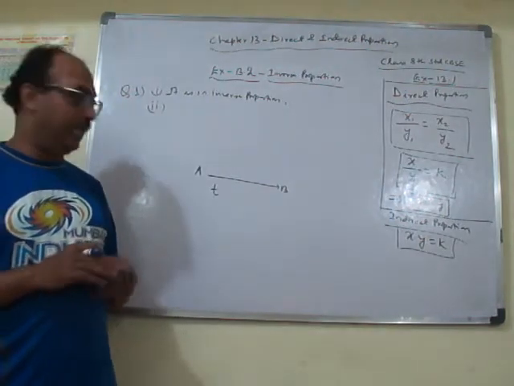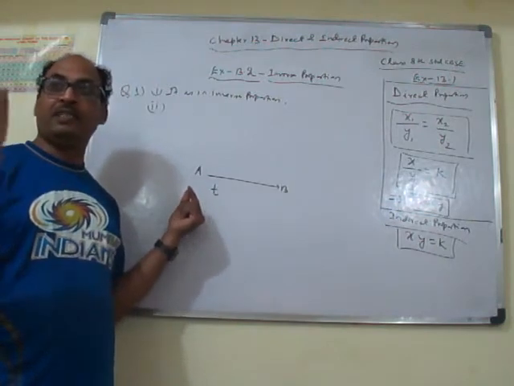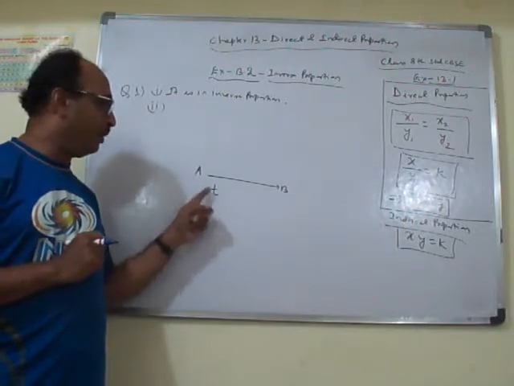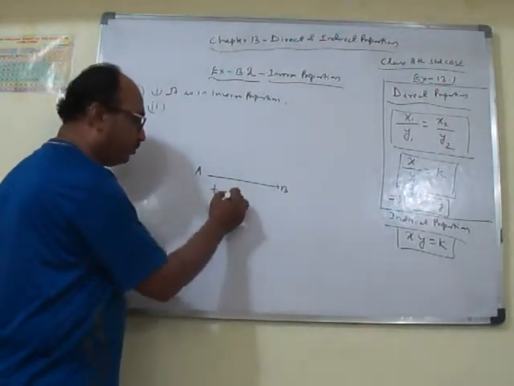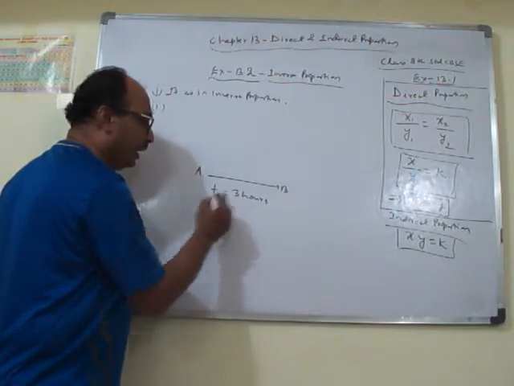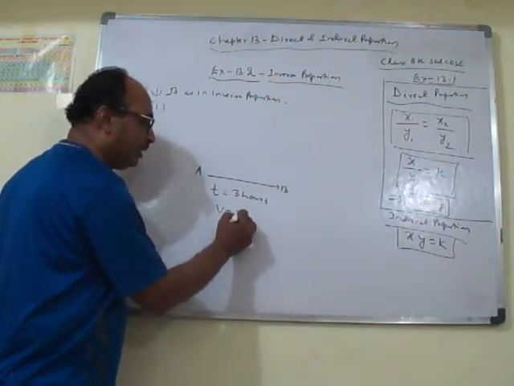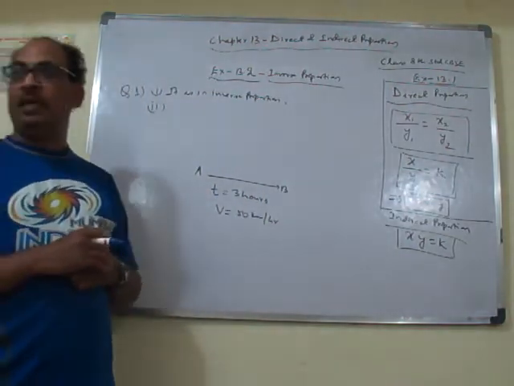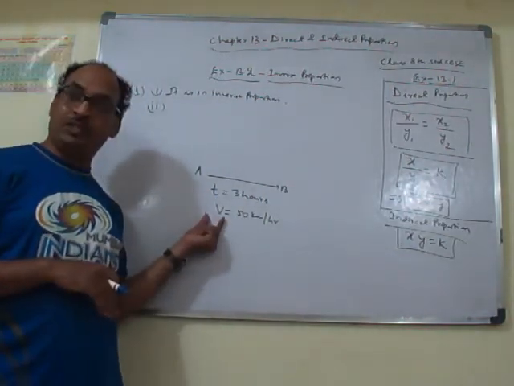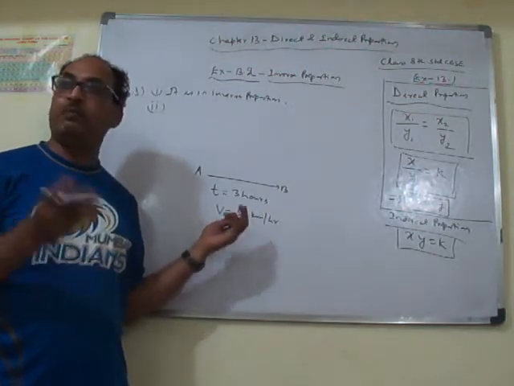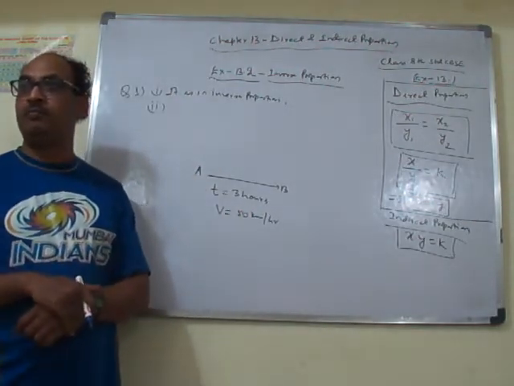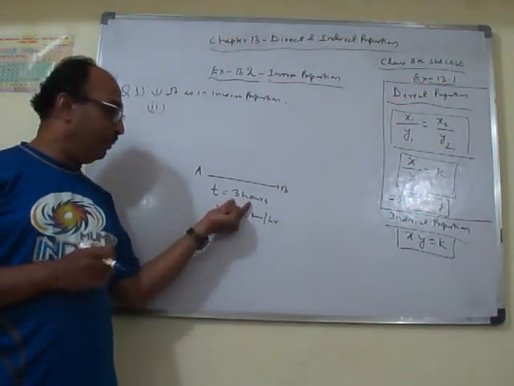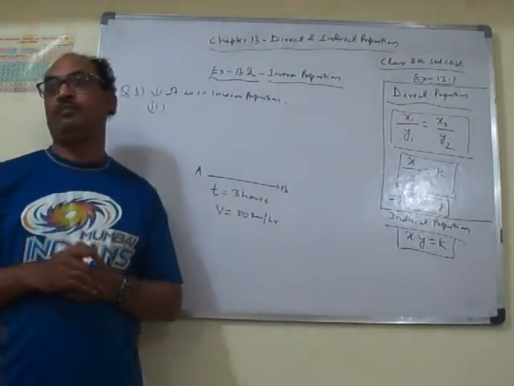Correct or not? See, if going at some particular speed, the time taken for the car from A to B is suppose 3 hours, when the speed is 50 kilometers per hour. When I increase this velocity V equal to 50 km per hour to 70 km per hour, then only this time will get reduced. At that time, maybe this 3 hours will get reduced to 2 hours.